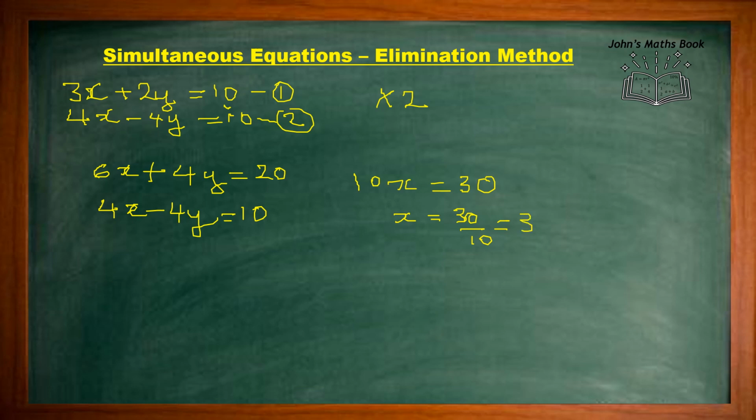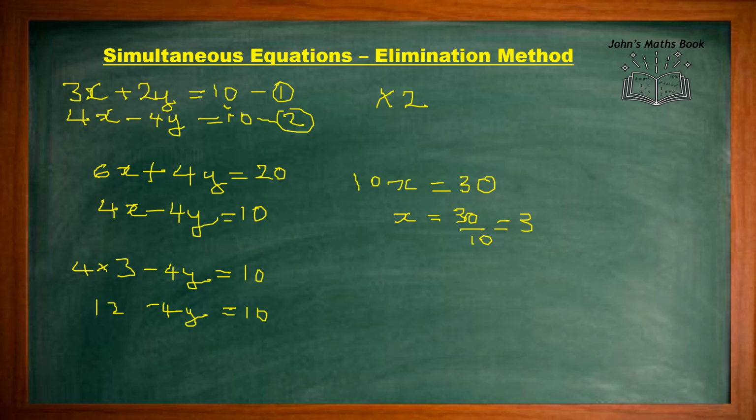So now we substitute x into one of the equations. In this case, I'm going to substitute x into equation 2 and solve for y. So I've got 4 times the value of x, which is 3, minus 4y equals 10. That gives 12 minus 4y equals 10.